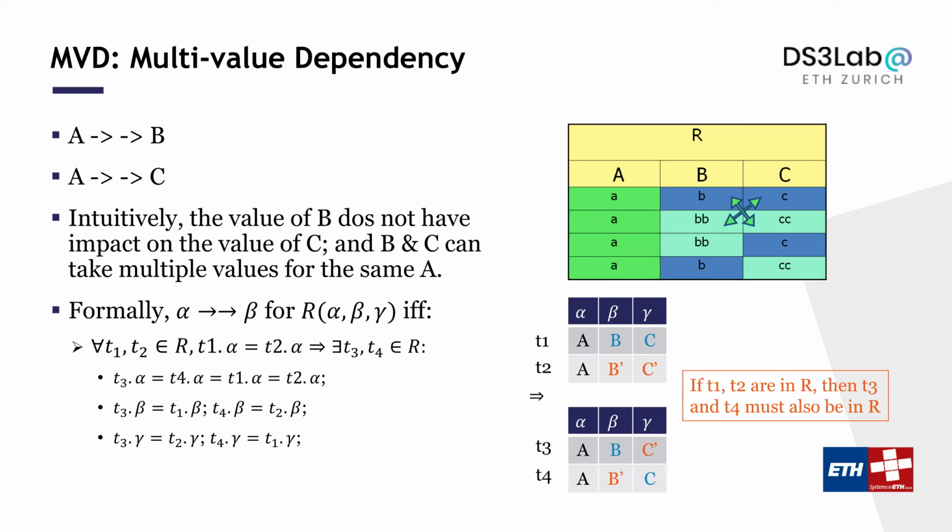So I can always have T3 and T4 that have the same A value, with B here and C prime here, and B prime here and C here. It's just a very precise way to express that beta and gamma are conditionally independent given alpha. If this is true for any pair of tuples T1 and T2, then we say there's an MVD from alpha to beta. Okay, so I think someone raised a hand.